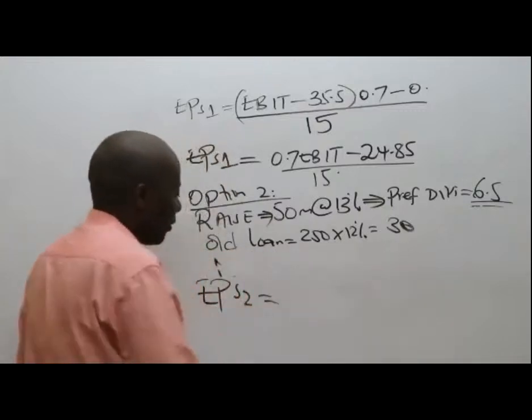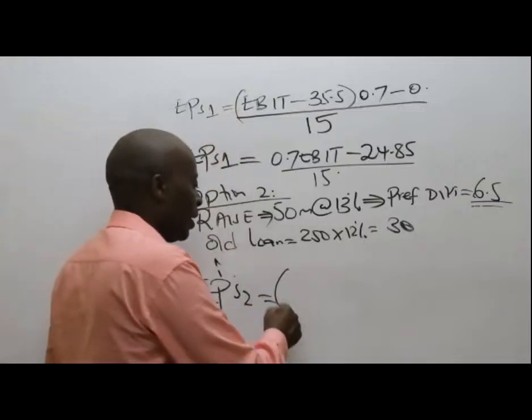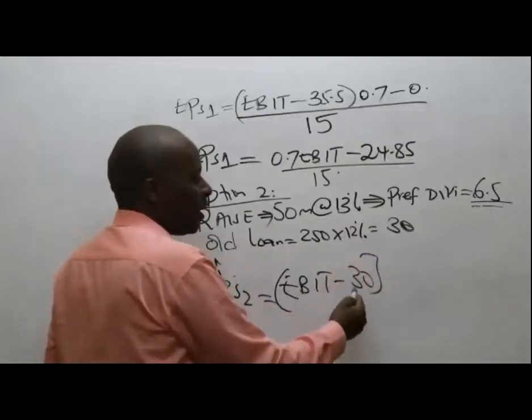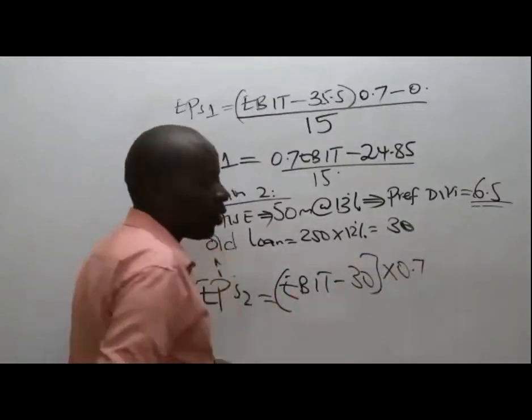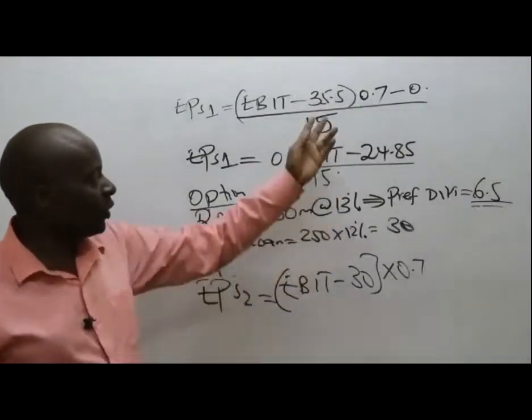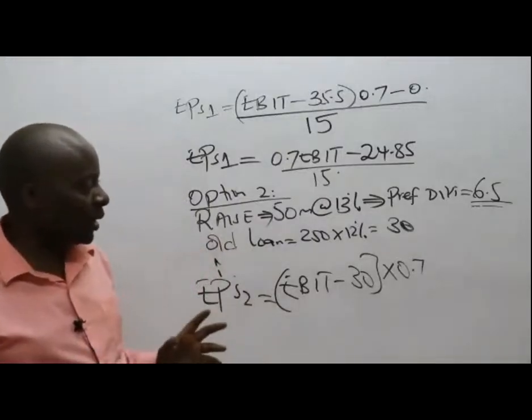Now listen, ladies and gentlemen, my EPS2 will be equal to EBIT minus interest of 30, multiplied by 0.7 because of the 1 minus T thing. That gives me 0.7.